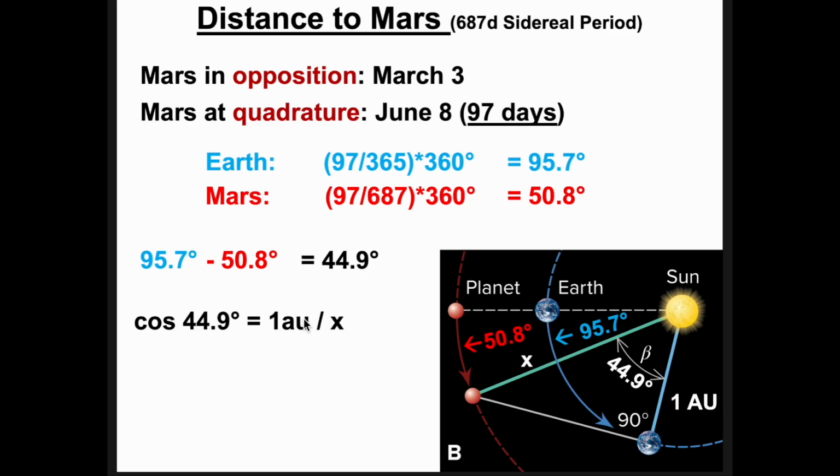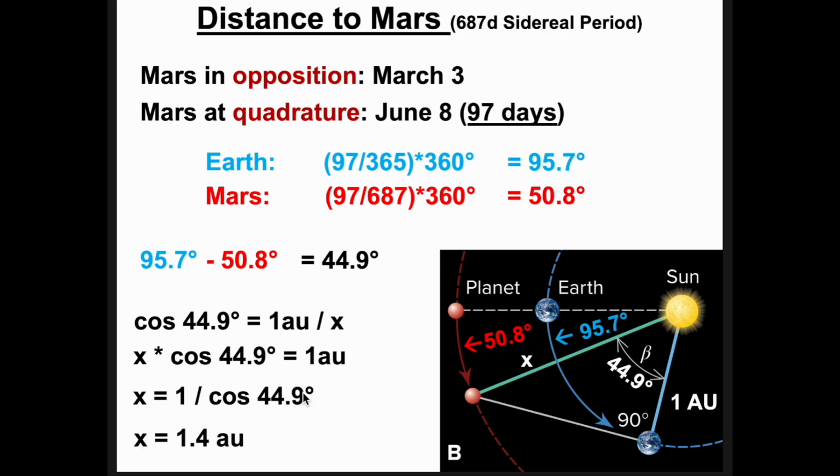Notice this is going to be a little bit weird to solve. So x times cosine of 44.9 equals 1 AU, or the distance equals 1 over the cosine of 44.9 degrees. So we should find that Mars is 1.4 AU from the sun.